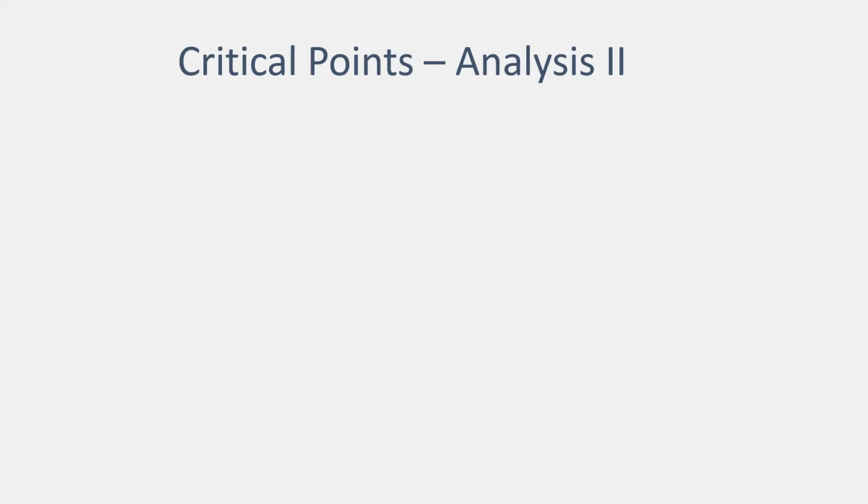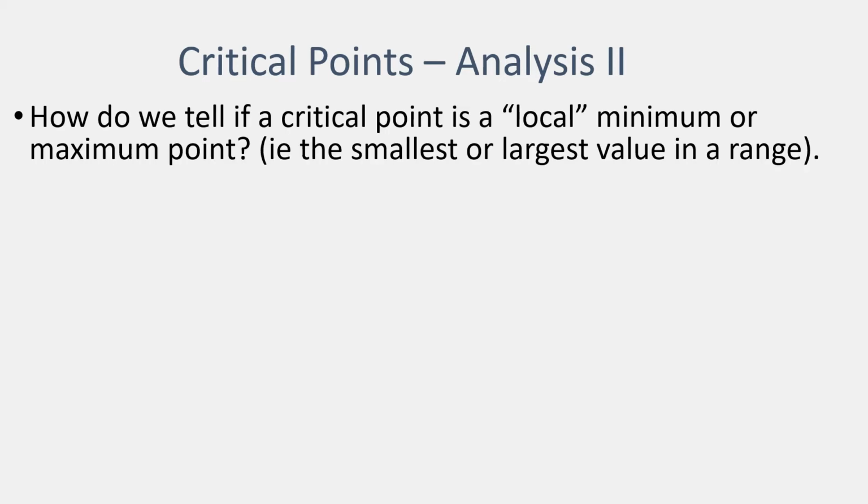The other cases, the ones that are really of interest, we want to distinguish critical points that define minimum values from critical points that define maximum values. So how do we do that? How do we tell if a critical point, remember that is a value under which the first derivative of the function becomes 0, is a local minimum or a local maximum point?